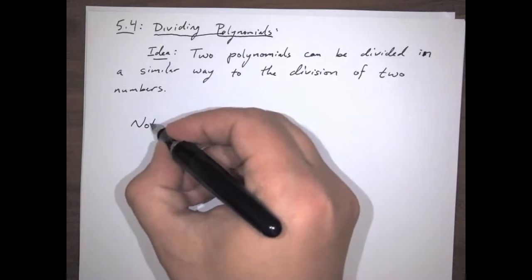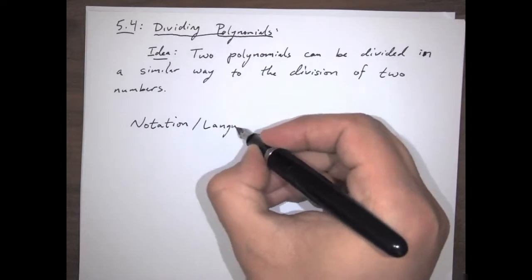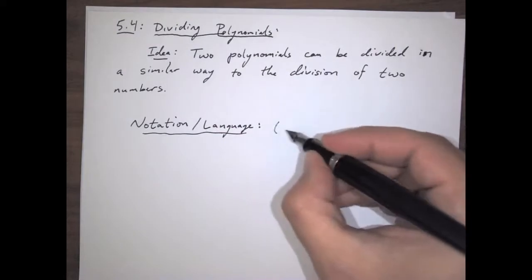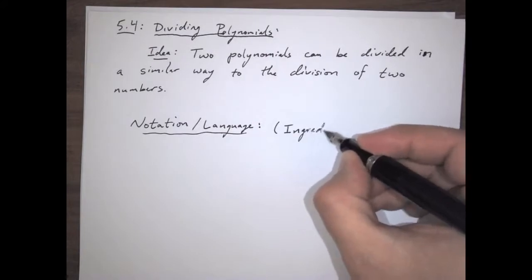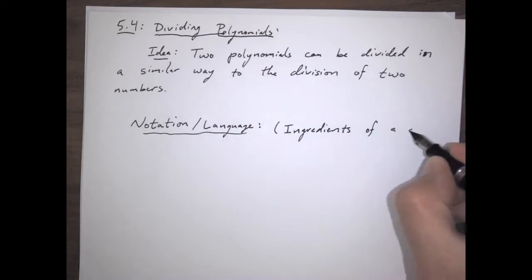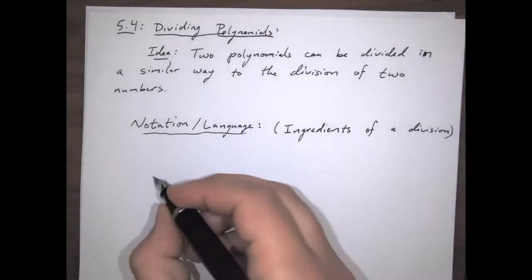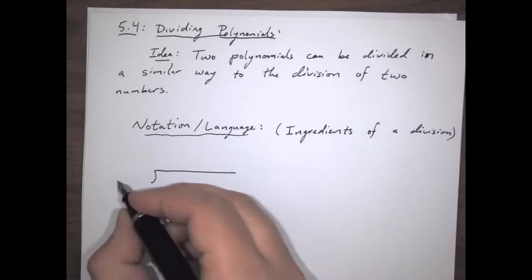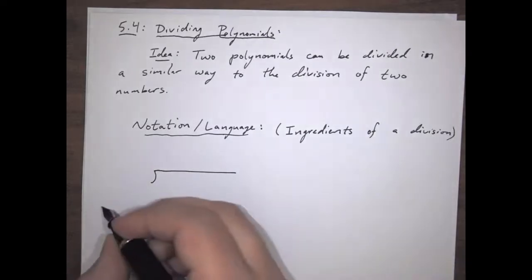So first off, some notation and language. Here what we're going to be exploring are the various ingredients of a division. If we write it in the standard American way, there's a number here, a number here, a number here, and then maybe a remainder over here.